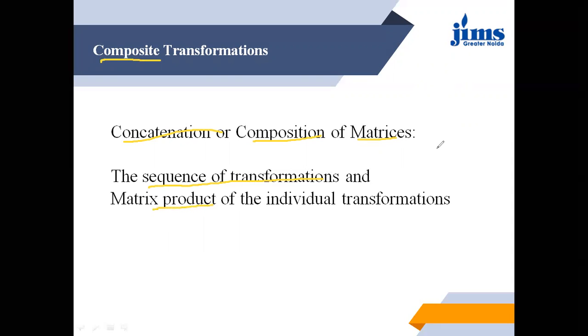Suppose this is a coordinate system, and this is the object. I have to perform the translation from here to here, then I have to rotate it, then for example I have to scale it.